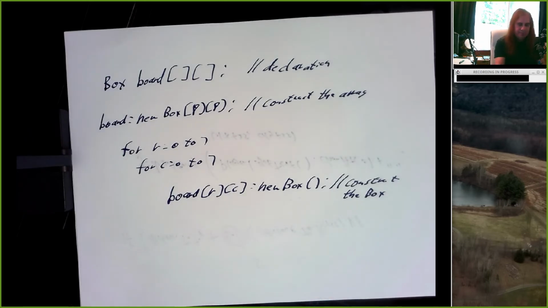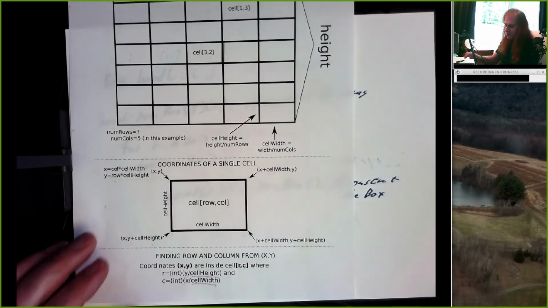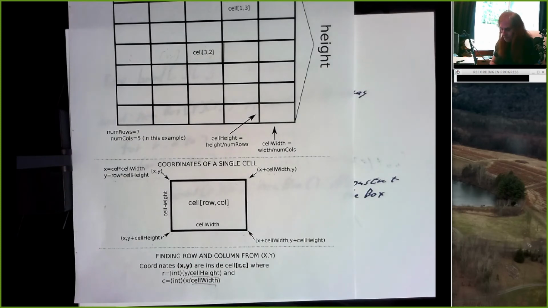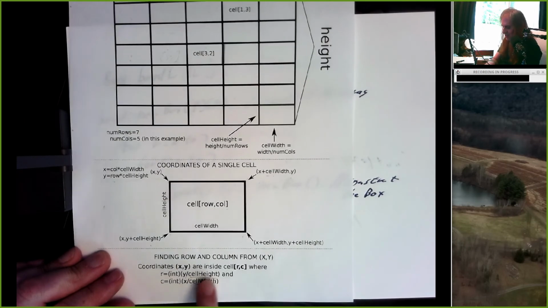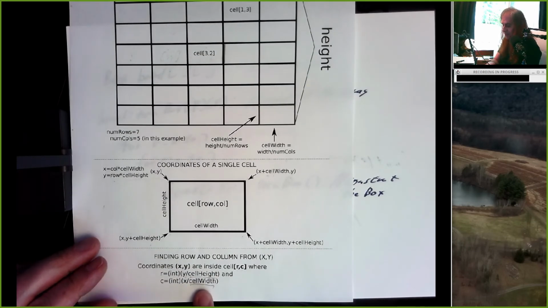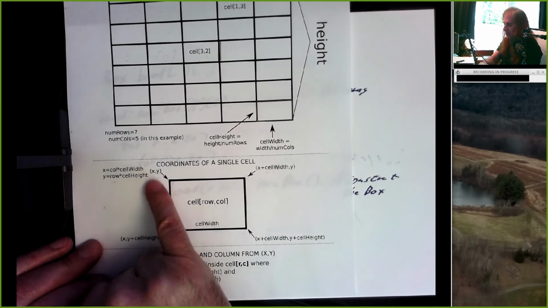Is there going to be any difference to initializing any of this stuff, or not really? I think the only thing that's going to change is your coordinate arithmetic. So, for example, to find row and column, I would want to do y minus 20 over cell height, x minus 20 over cell width. And then on these corners, I would want to add an offset of 20 to each one.